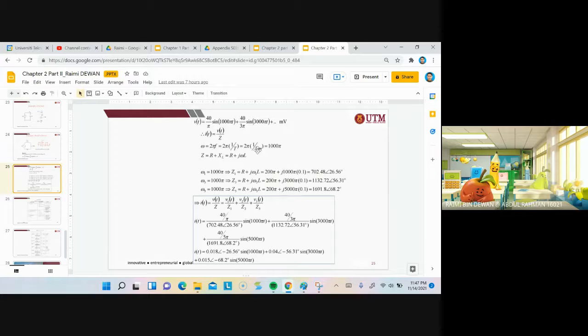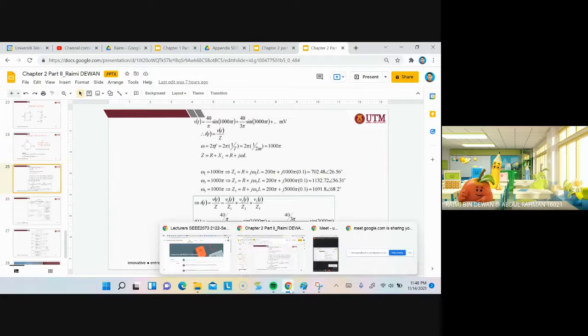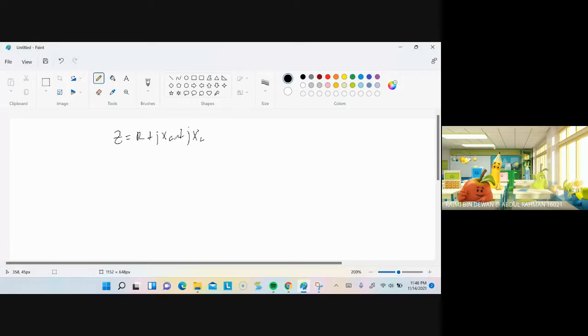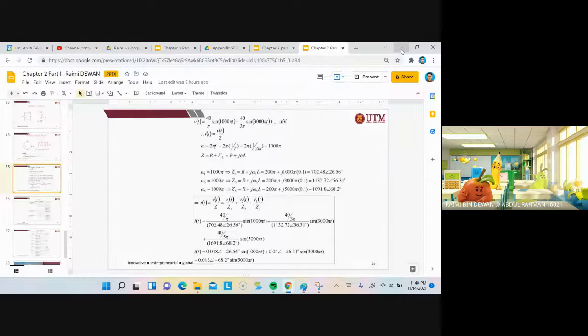So you solve this one and you get the Z, just like how I taught you guys just now, even before this slide. And then you get omega 1, omega 3, and omega 5, and you make a sum.